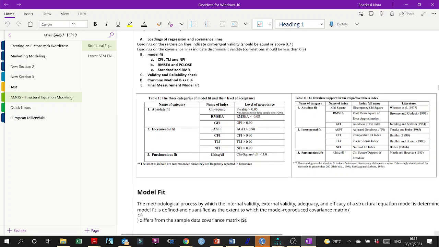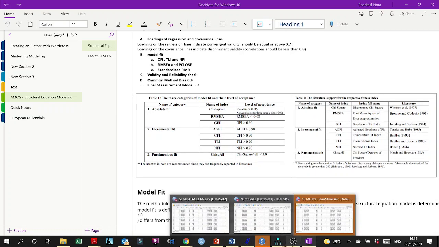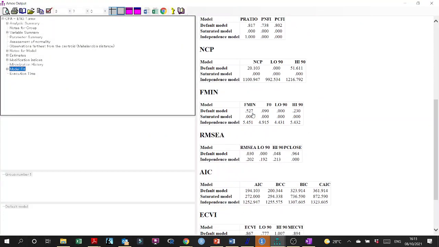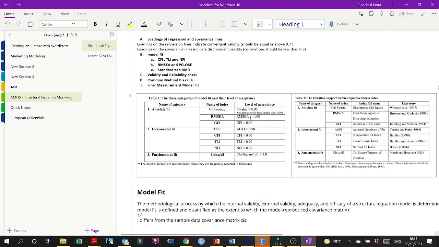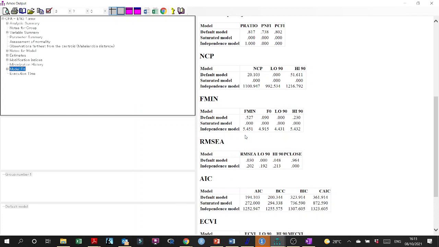Now the RMSEA, we want it to be less than 0.08, but in some references less than 0.06 even. So here you have less than 0.06 or 0.08. That's good. And this should be the P-close.